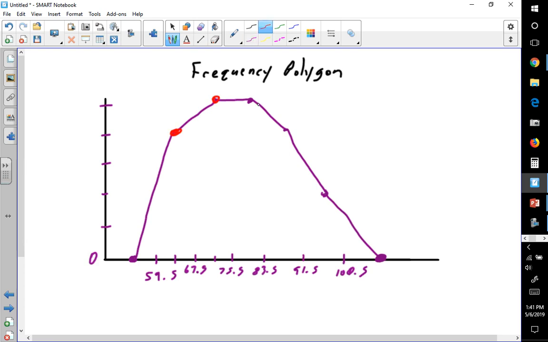So it's just a different visual representation to tell you the trend of the data. We can see none of our data lies lower than those values and kind of where the majority of the data is. So that's what we call a frequency polygon.